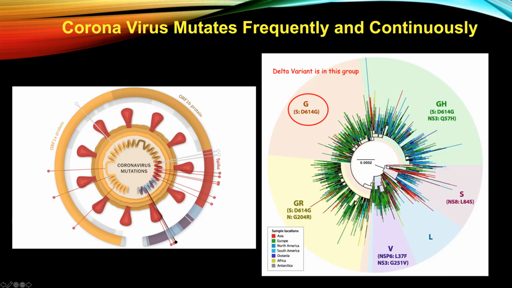So in each of these lines, that means that the genome of the virus from an individual person was sequenced, and its sequence was compared with all the other coronaviruses that have been sequenced. So the Delta variant, it's a mutant in this group, and this shows that they come from all over the world.